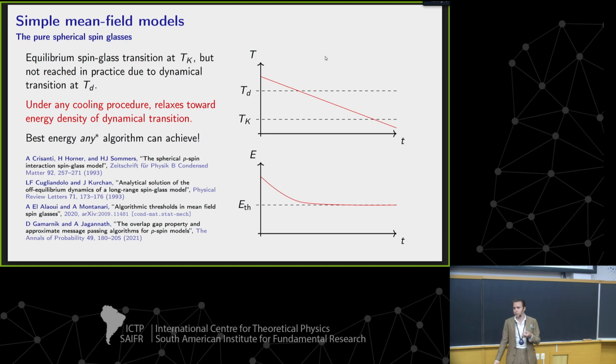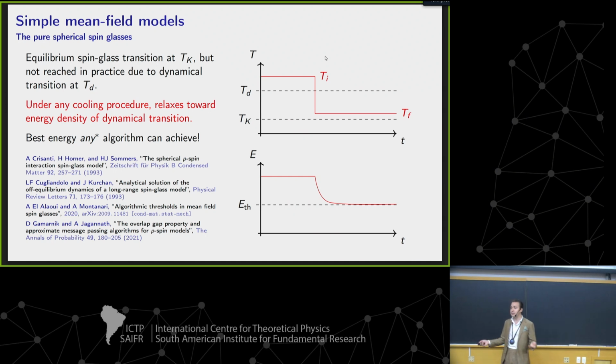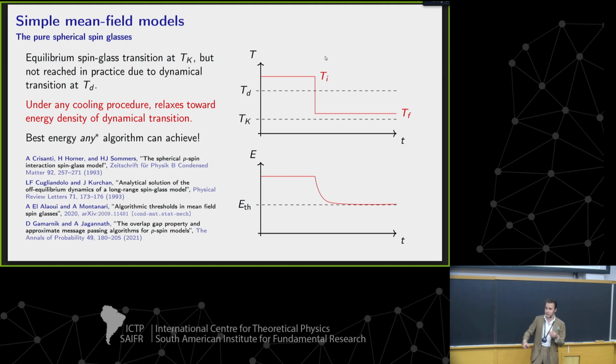Even if you cool to lower temperatures, you never find it go lower in any sort of normal computer or experimental time. And it doesn't matter what sort of dynamics you do in these models. You can also quench quickly. You can anneal as much as you like. You're going to find that once you go under a certain temperature, you always find that the energy approaches the same so-called threshold level.